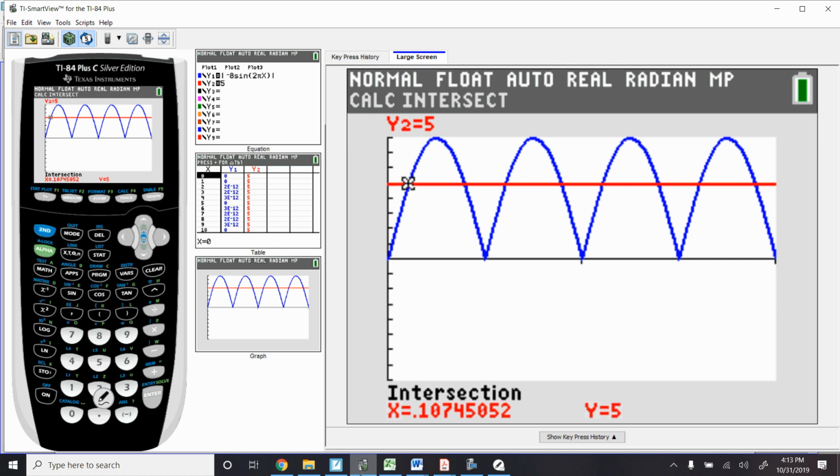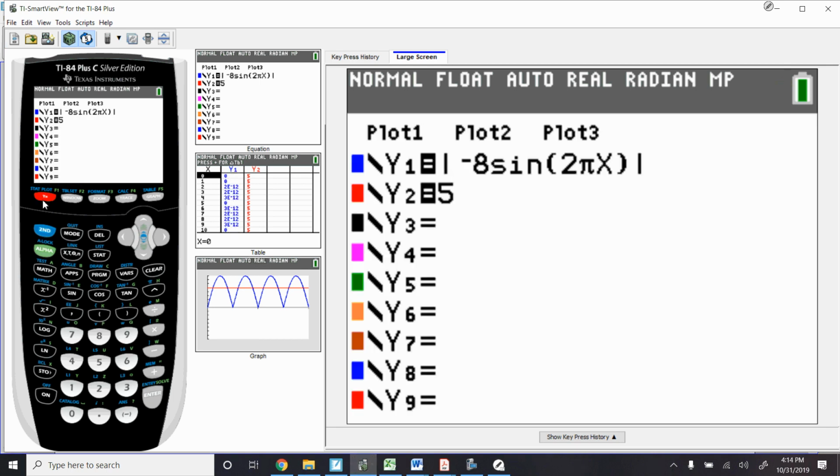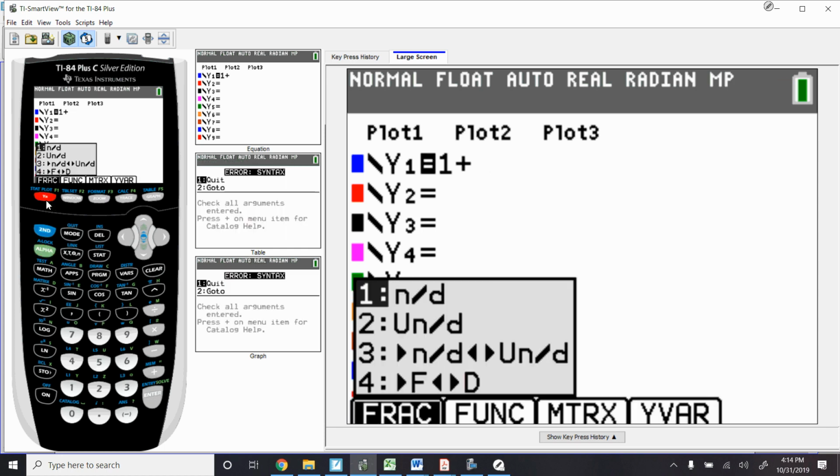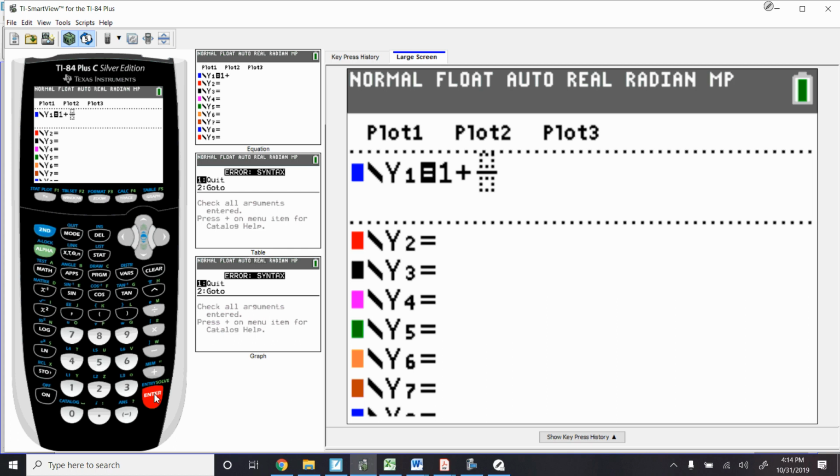Okay, so I'm going to go to my graphing calculator here. I'm going to go to my y equals and graph that function. So it's 1 plus, I have a fraction here, cosine of 2t.